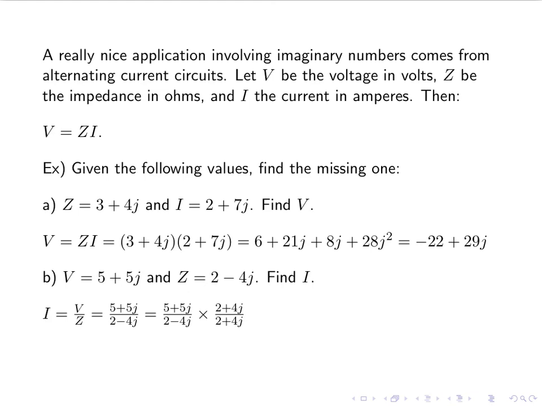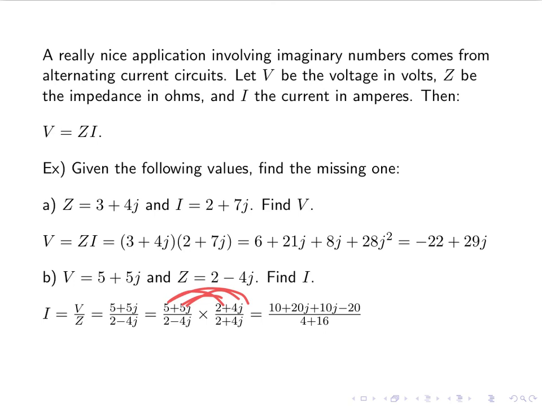We're going to multiply both the top and bottom by the conjugate of the bottom, which is Z, so 2 plus 4j. The top, again, we're going to FOIL it, so 5 times 2, 5 times 4j, 5j times 2, 5j times 4j gives us 20j squared, which again is -20.